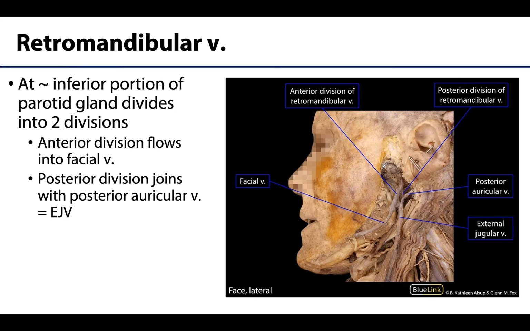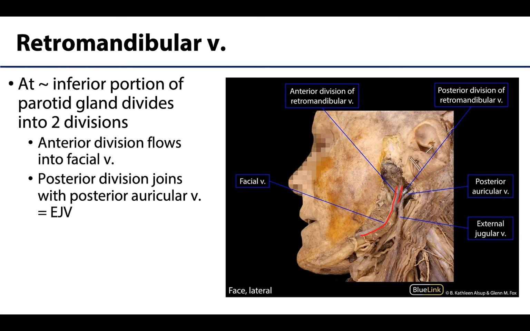And then fairly quickly, around the inferior end of the parotid gland, the retromandibular vein divides into two divisions. So here's that retromandibular vein. Recall that it's typically a very short trunk. The anterior division of the retromandibular vein will join with the facial vein before these eventually drain into the internal jugular.